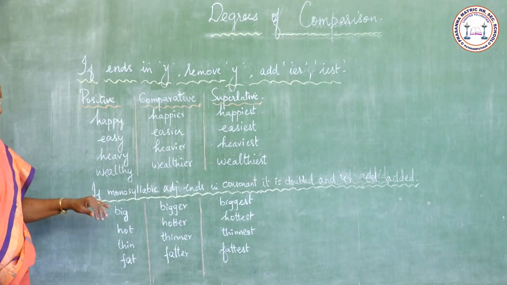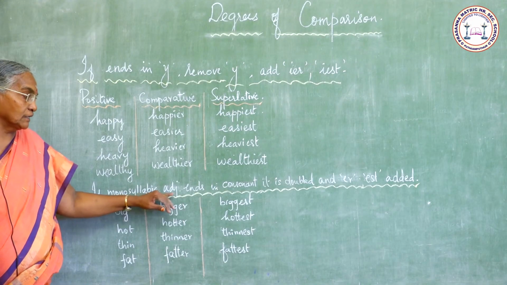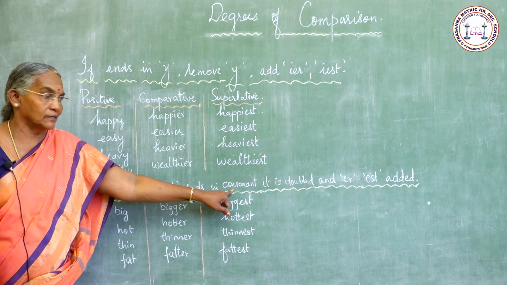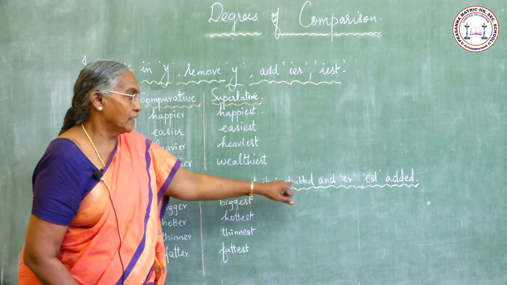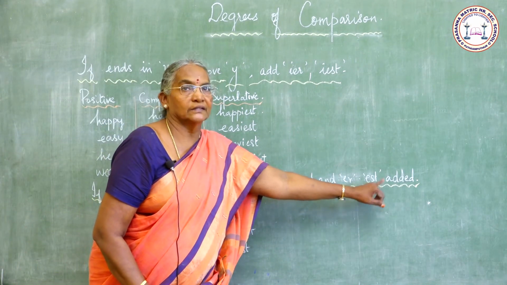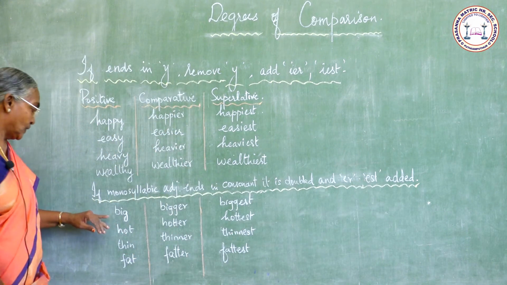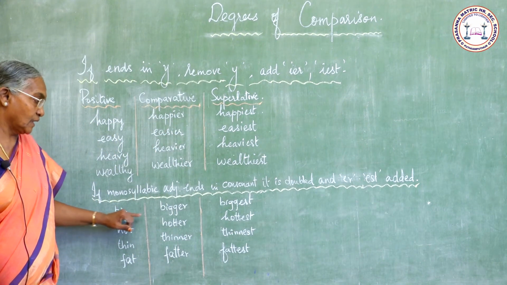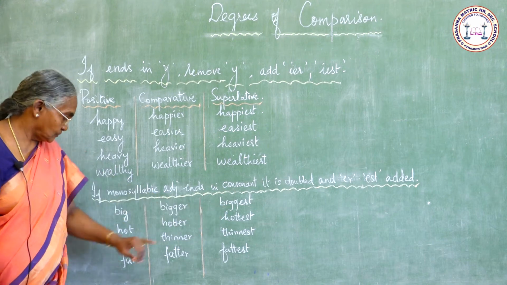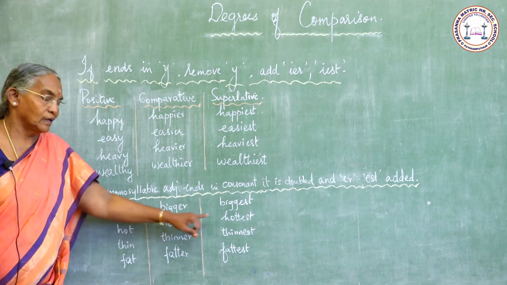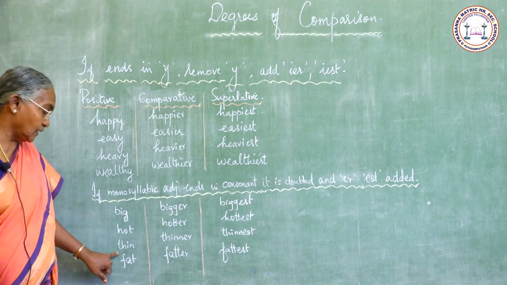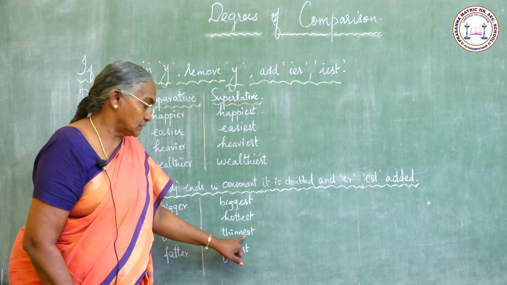Next one, if the monosyllabic adjective ends in a consonant, it is doubled and ER, EST is added. Big, bigger, biggest. Hot, hotter, hottest. Thin, thinner, thinnest.